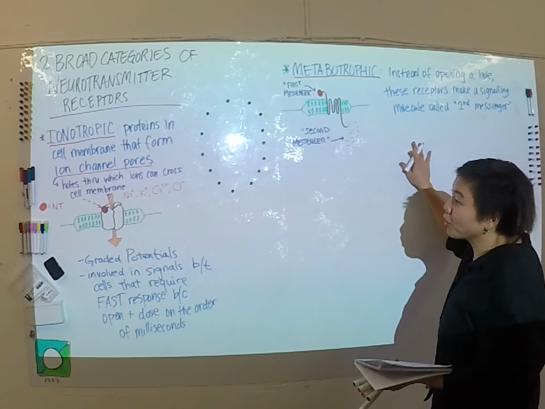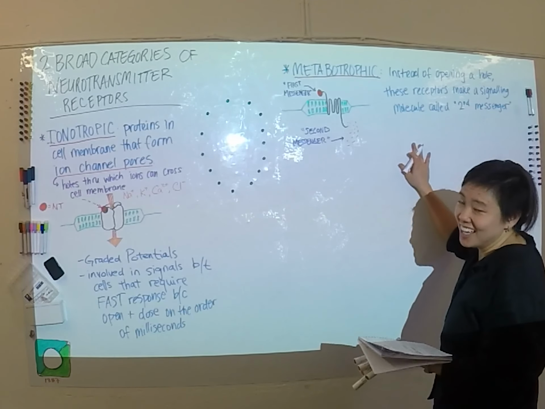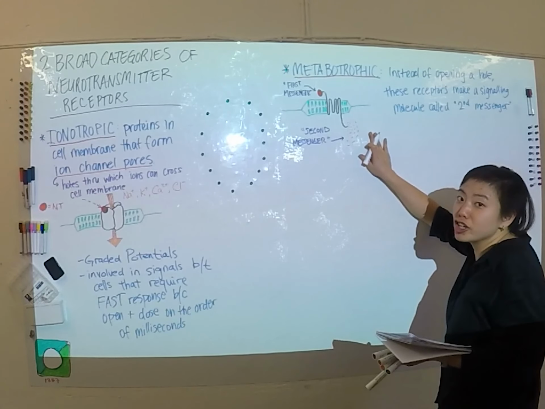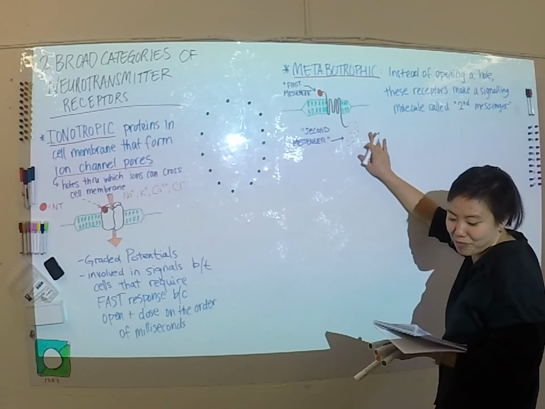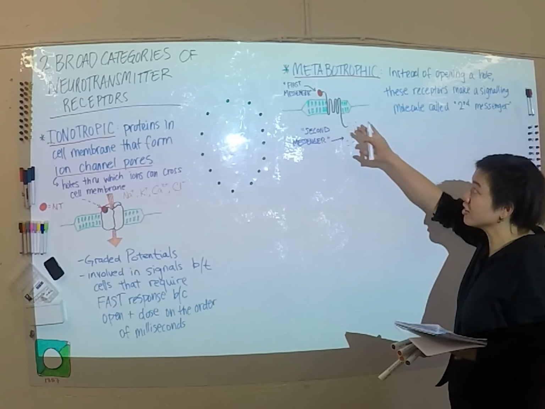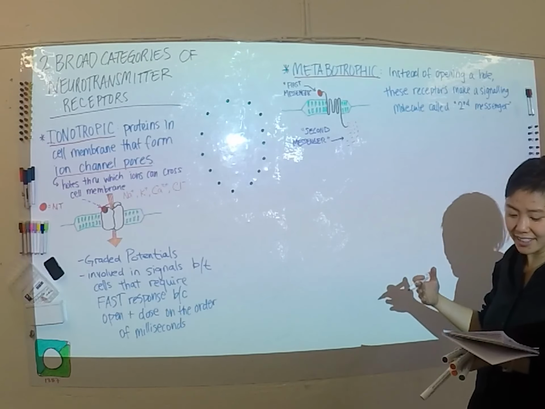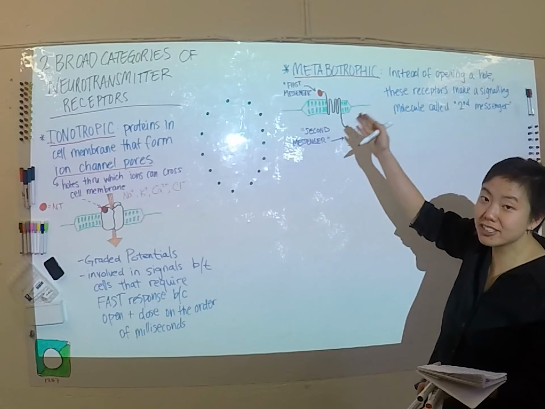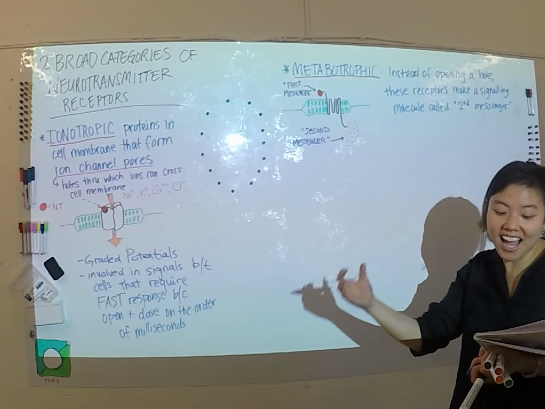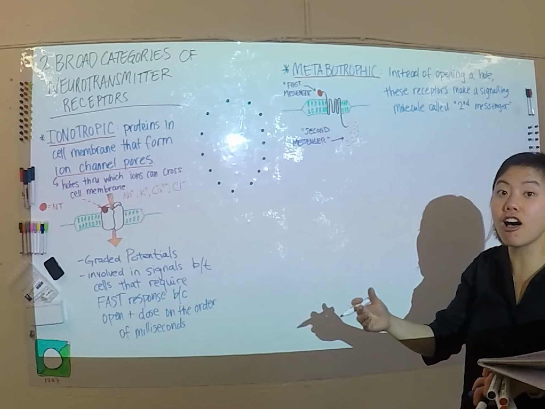Okay? Now the important thing to notice here is this is a much slower process, okay? So it takes much longer to activate this whole process, and a metabotropic receptor may remain active for a really, really long time.